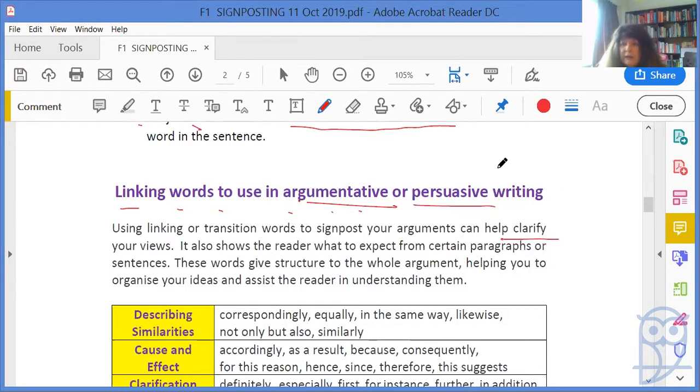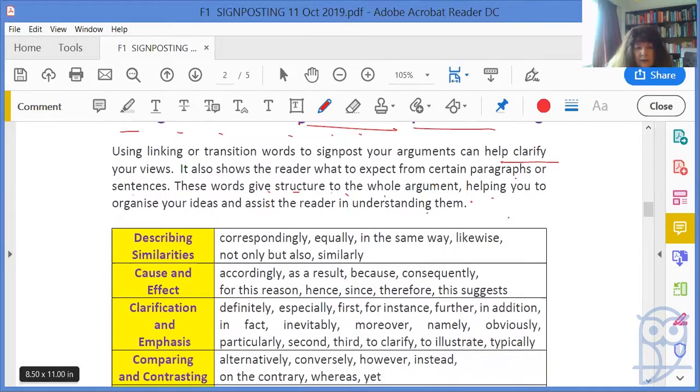So make sure in your plan you have made decisions, okay, about which side you're going to be for or against. It also shows the reader what to expect from certain paragraphs or sentences. These words give a structure to your whole argument, and it helps you organize your ideas, and it also assists the reader in understanding them.